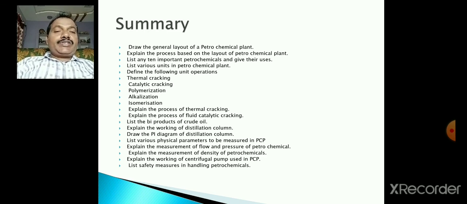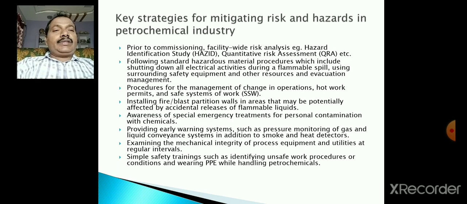In this, we have considered the different hazardous conditions and the two important reports, HAZID and QRA. QRA is the quantitative risk assessment and HAZID is the hazard identification study.